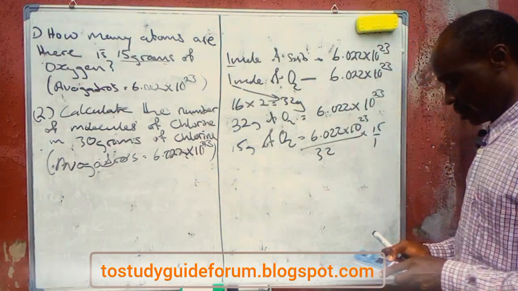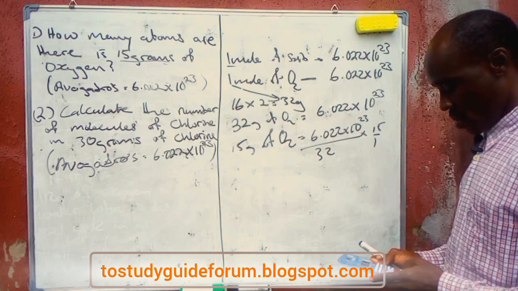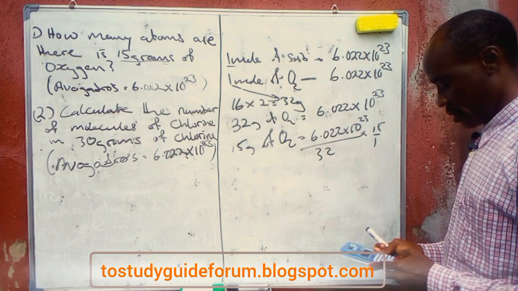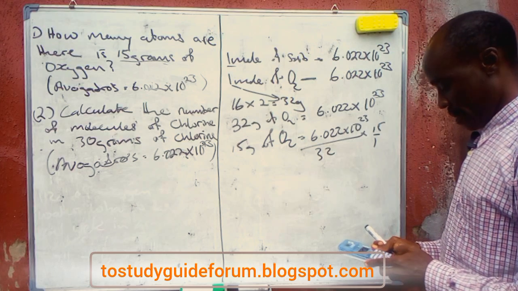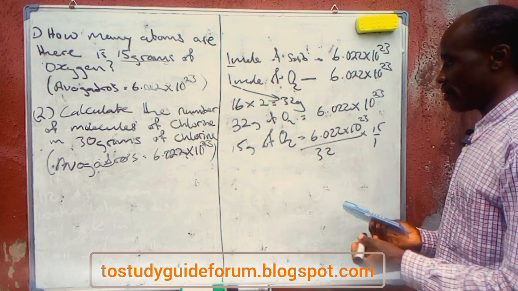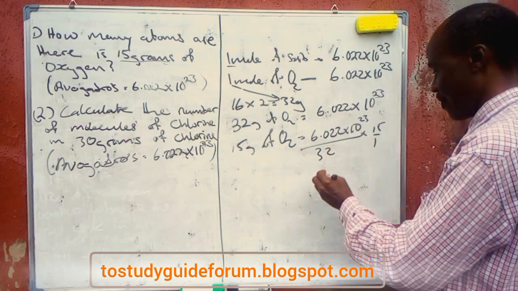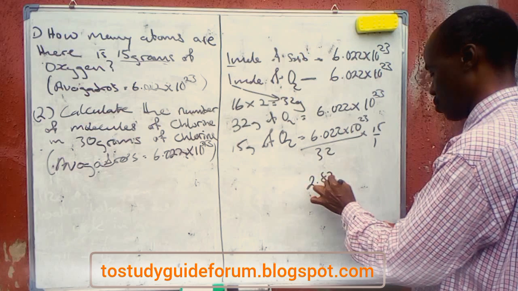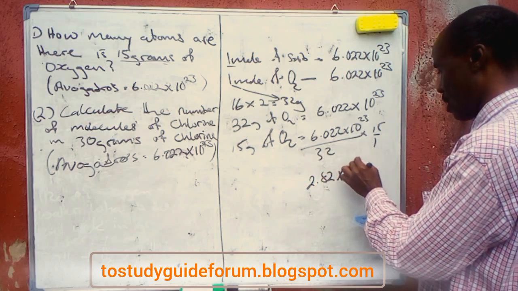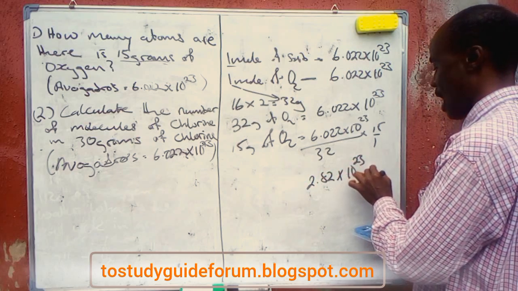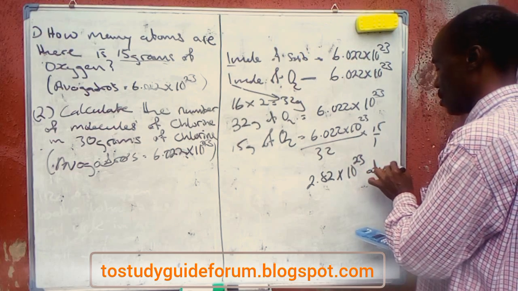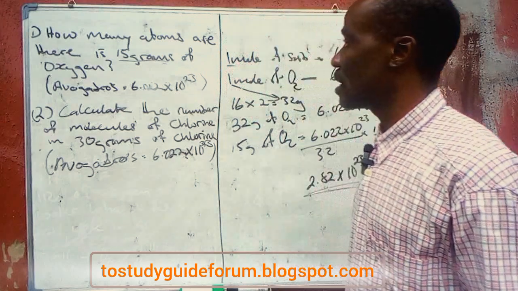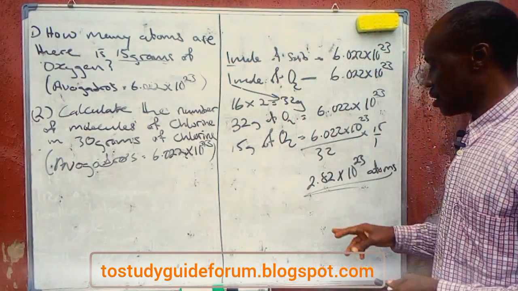By doing this, the number of atoms we have there should be 2.82 times 10 raised to the power 23 atoms. That is the number of atoms, because the question said how many atoms are there in 15 grams of oxygen.